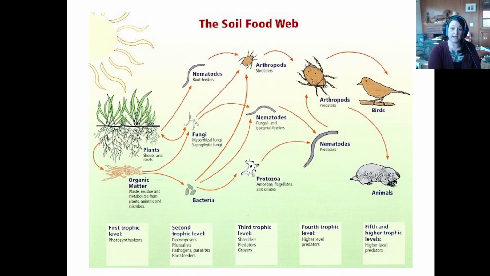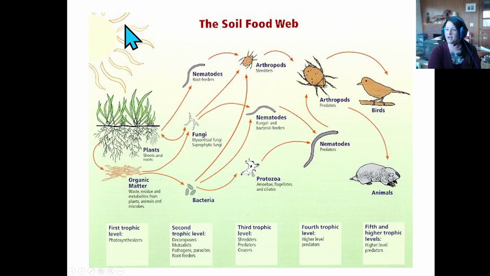Okay, so here's my wonderful, beautiful soil food web chart. And this is the key to learning about the soil food web. And it's awesome. So let's go through this level by level. Okay, so first we have our first trophic level, which is photosynthesis.